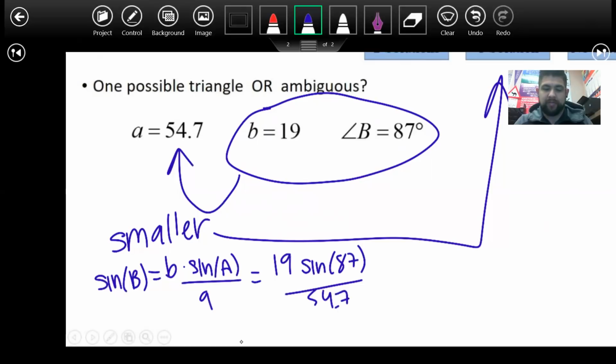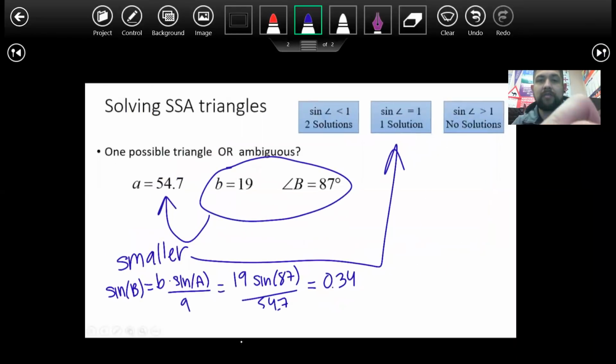Sorry for my penmanship, I'm trying to get to the next lesson so we don't spend too much time on this. Sine of 87 over 54.7. If you plugged it in correctly, you're going to get 0.34. So 0.34 tells me that it's less than 1, so I'm going to have 2 solutions.